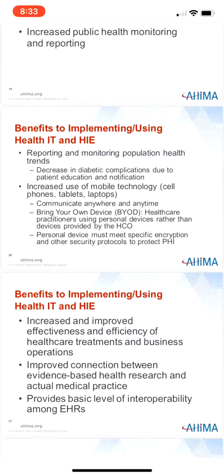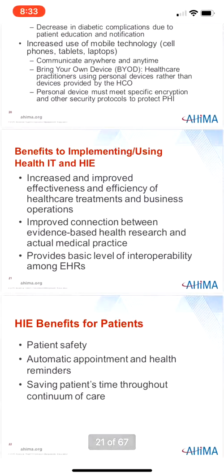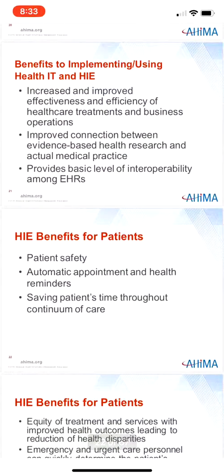And because patients are the priority, their involvement, treatment, and successful outcomes must be evaluated to determine best practices to improve patient care. HIT and HIE benefits for the patients include patient safety, automatic appointment and health reminders such as follow-up instructions, patient education information, and medication prescriptions sent directly to the patient's pharmacy, equity of treatment and services with improved health outcomes leading to a reduction of health disparities.